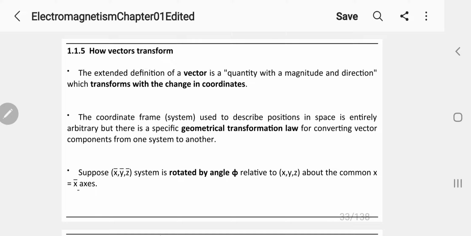It's one's convenience to set a coordinate system. But if in another coordinate system you want to look at the vector, how would you transform that vector?